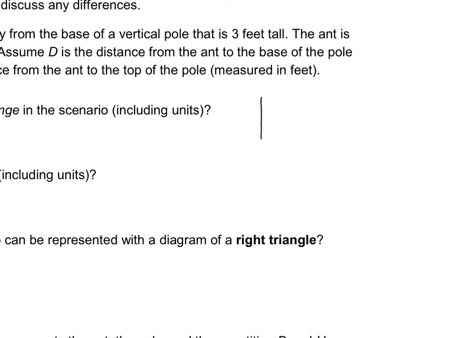So anything that's not changing, you can label with a number. If the thing's changing, my advice is label it with a variable, and it'll save on a couple possible mistakes that could be made. All right, and then this is the base, down below, and then the ant's moving away from there.